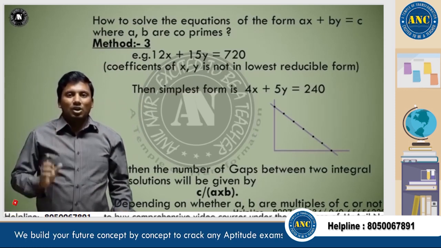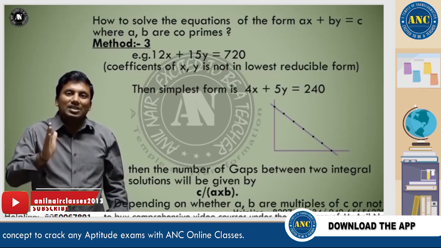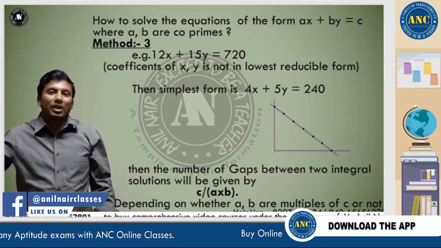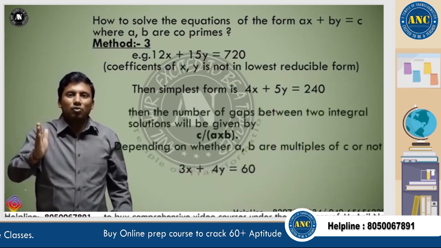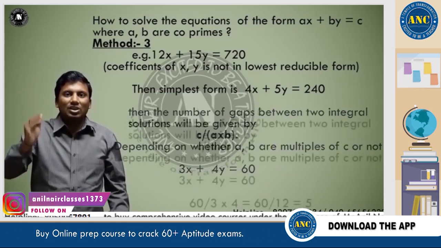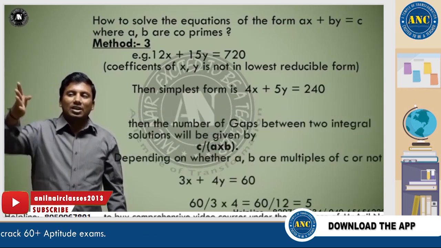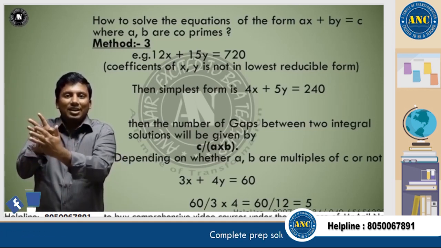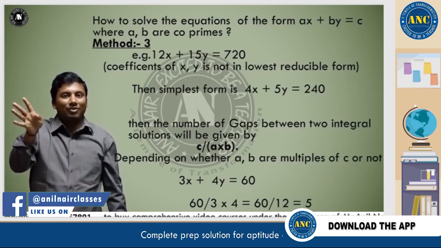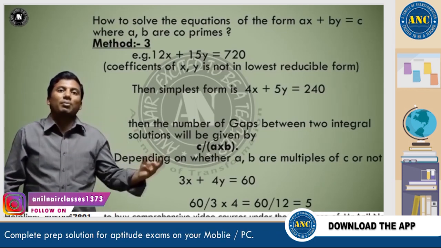The gap between two integral solutions is given by c/(a×b), with a×b in the denominator. 3x + 4y = 60: 60 by 12, that means 5. 5 gaps are there. Suppose I take 4 fingers, there are 3 gaps. If 3 gaps are there, there are 4 fingers. If 5 gaps are there, there will be 6 integral points.